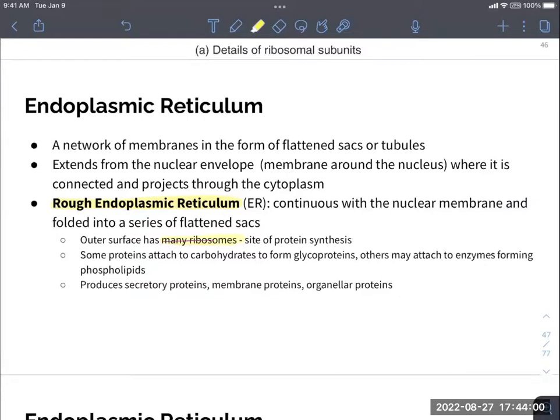Some of those proteins attach to carbohydrates to form glycoproteins, or others may attach to enzymes to form phospholipids. The rough endoplasmic reticulum produces secretory proteins, membrane proteins, and organelle proteins.